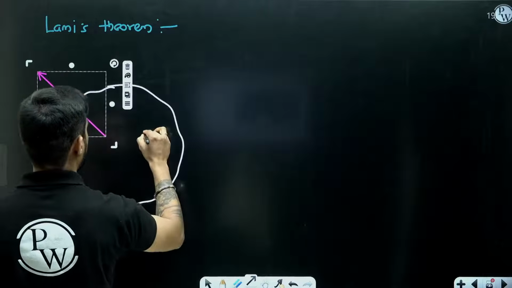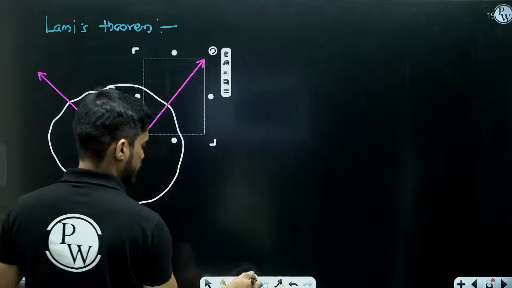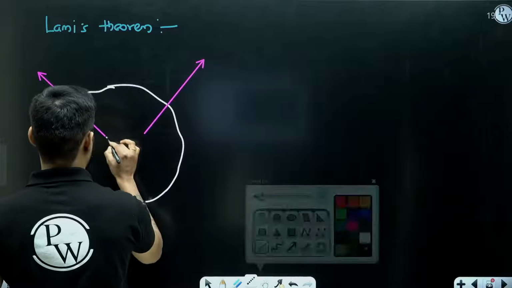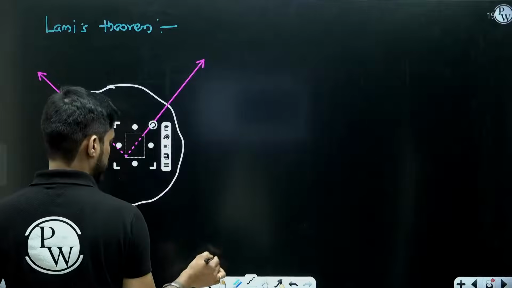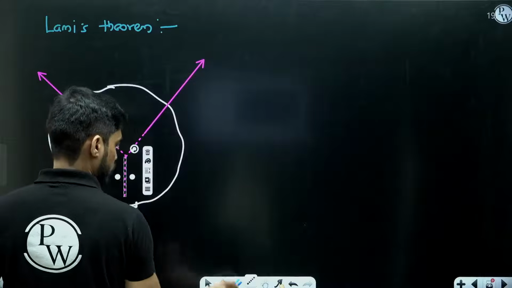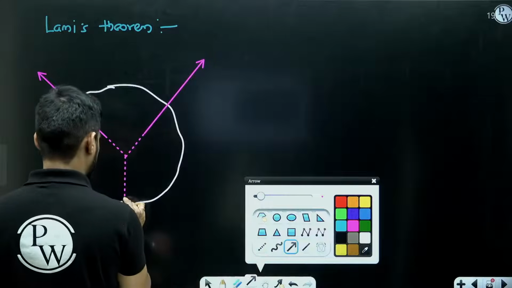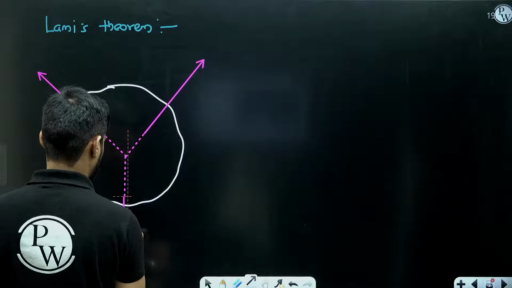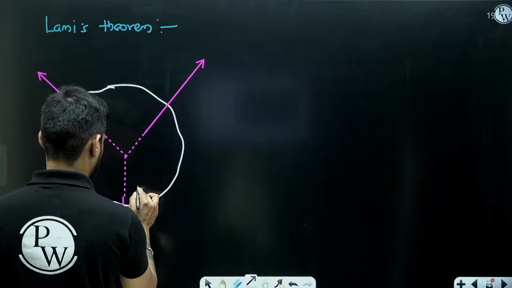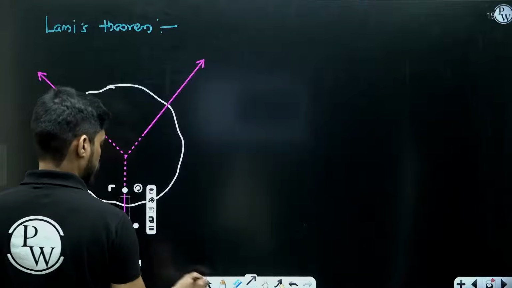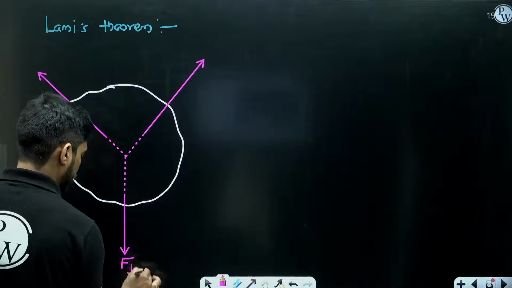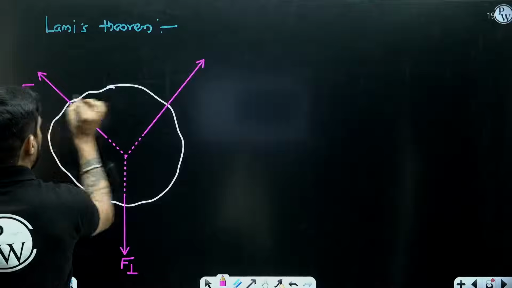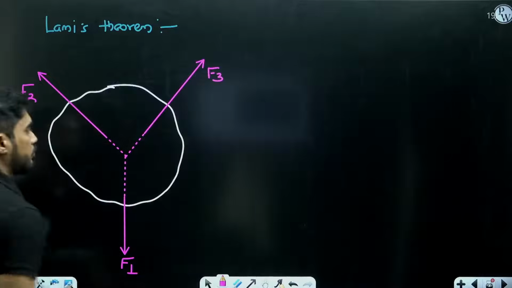One force is like this, other force is like this. If you extend their line of action, they will intersect. The third force is like this. Let's say this is F1, this is F2, this is F3.